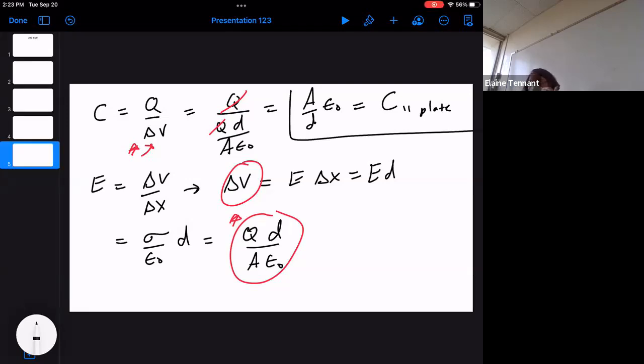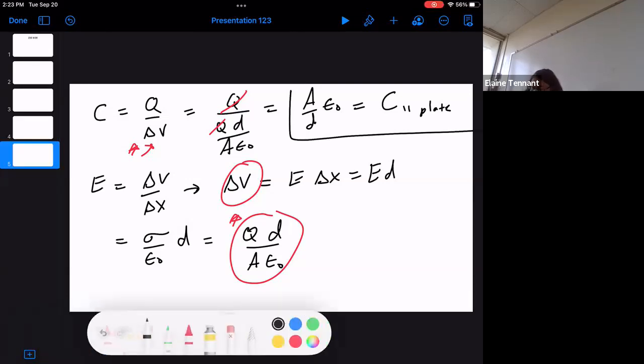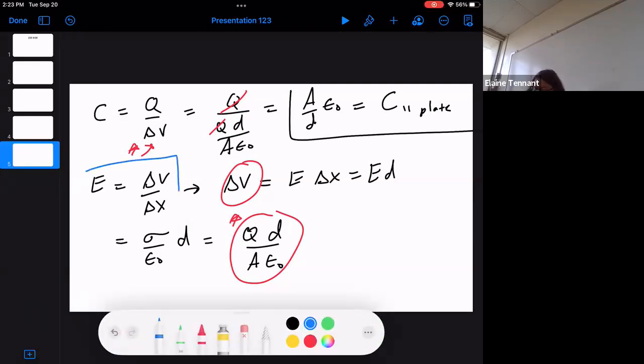Increasing, good. Because what's happening when you bring the plates closer together, you're increasing the electric field. So remember, electric field is change in voltage over change in space. Now the voltage between the plates is going to remain the same when you move the plates around because that depends on how much charge they have on them.